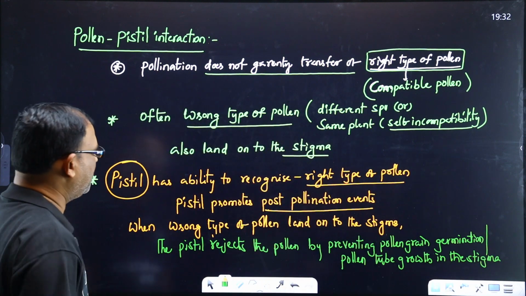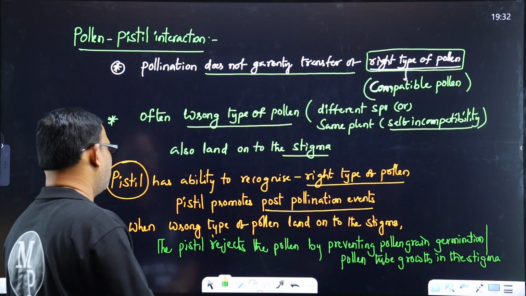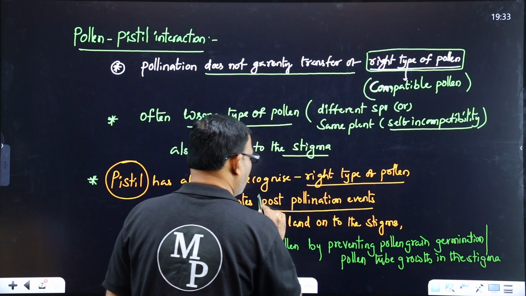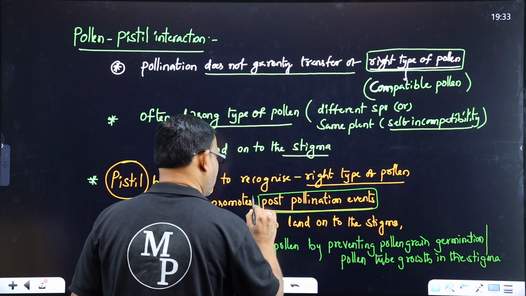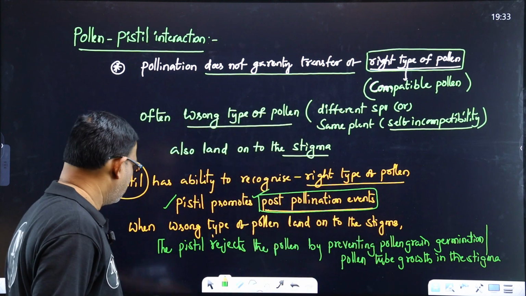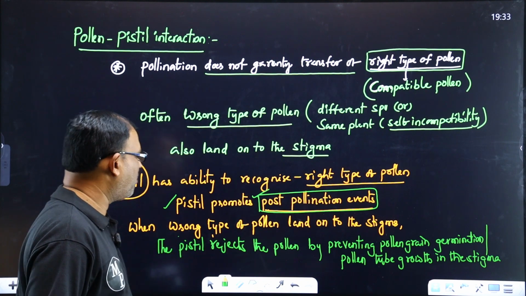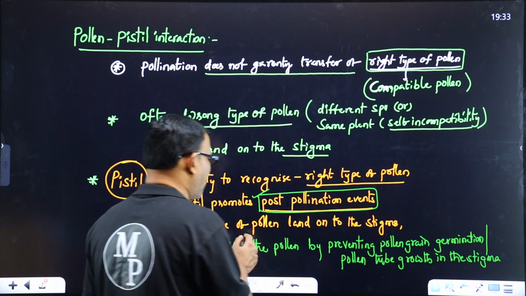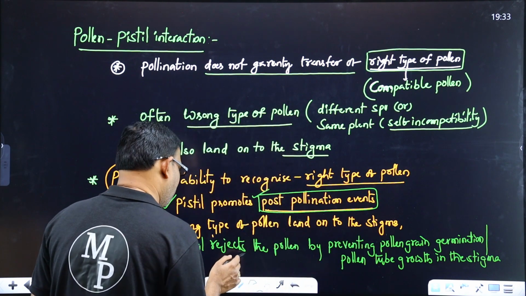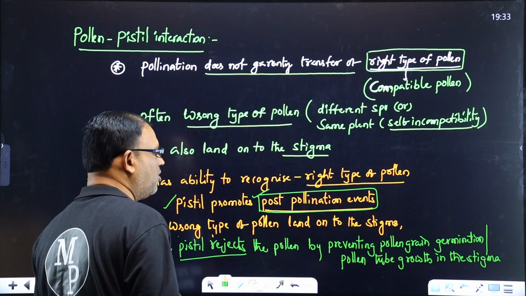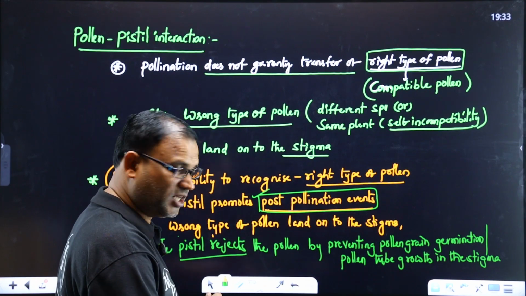The pistil has the ability to recognize the right type of pollen. When it does, the pistil promotes post-pollination events. When the pistil recognizes the wrong type of pollen landing onto the stigma, it rejects the pollen by preventing pollen grain germination or pollen tube growth in the stigma area.